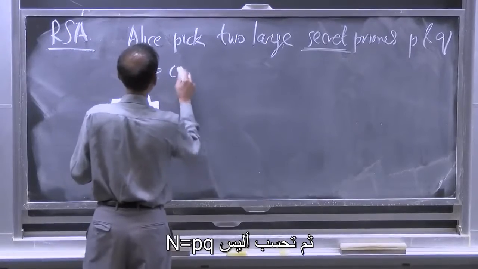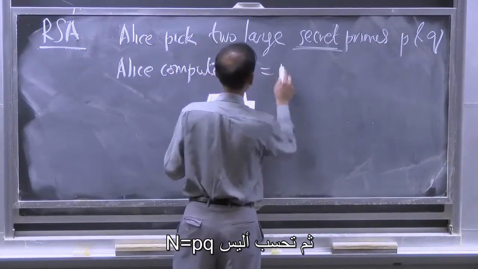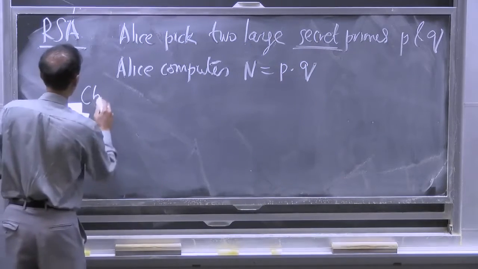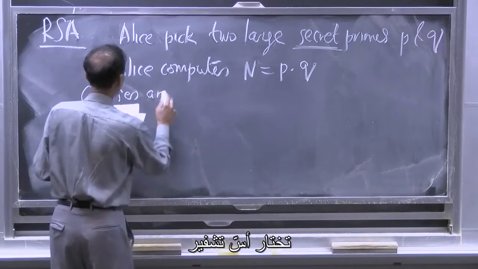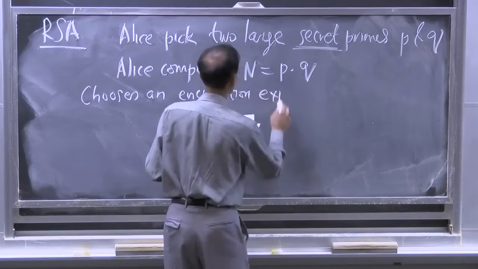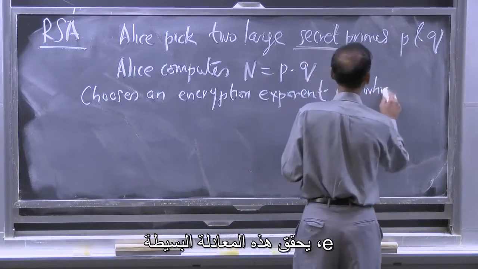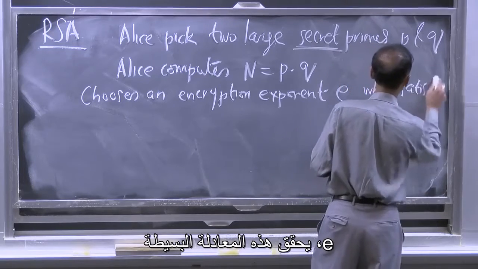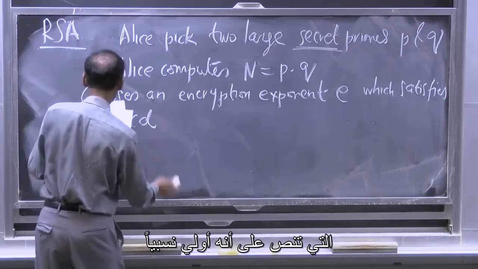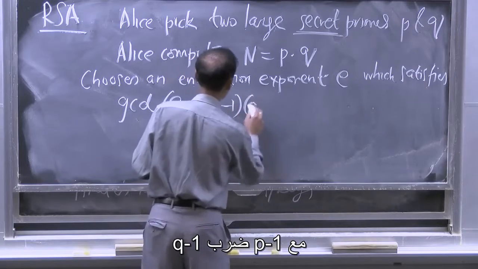And then Alice computes n equals pq. Okay, so she just multiplies those out. She chooses an encryption exponent E, which satisfies this little equation, which says that it's relatively prime in relation to p minus 1 times q minus 1.